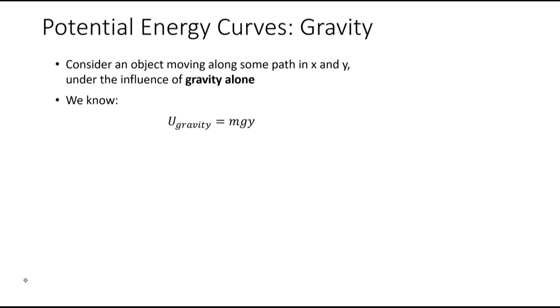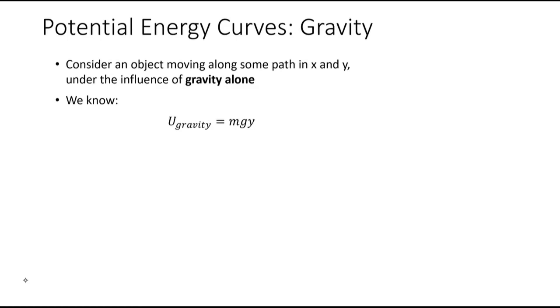Say we have an object that's moving along some path in both the x and y directions, under the influence of gravity alone. There's actually going to be a normal force acting as well, but when I say gravity alone, I mean that there's no friction. No friction means that we have no non-conservative work being done on the object.